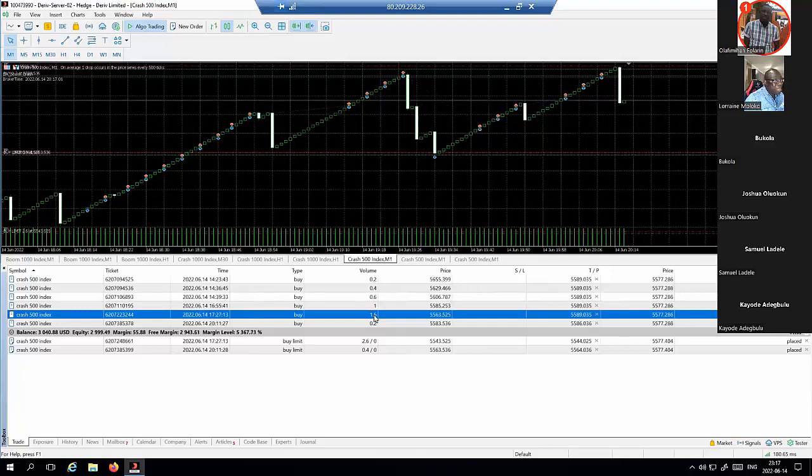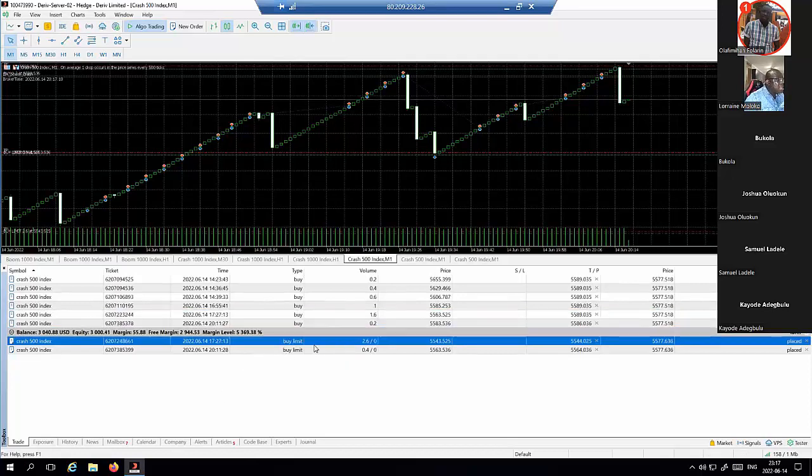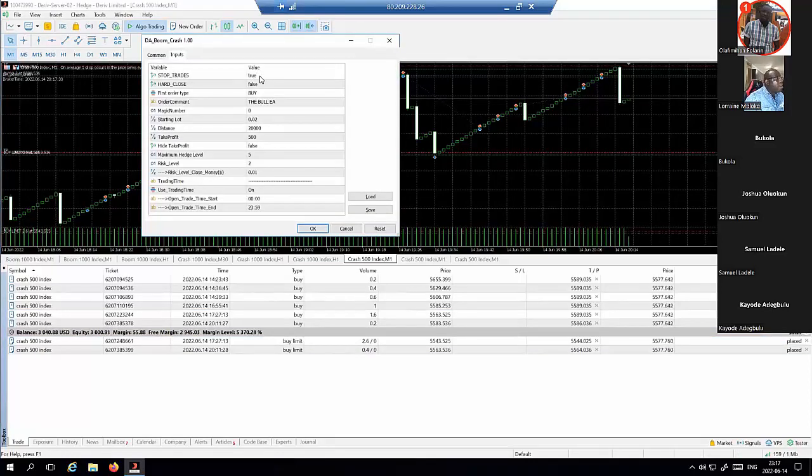it's already trading 1.6. A couple of minutes ago, like 45 minutes ago, my float was $120. And if you look at it now, it's reducing, it's $40 now. So what I did is that immediately I realized that my Magic 0 was spending my last lot size, which is 2.6, I opened the chart and turned my stop trade to true.